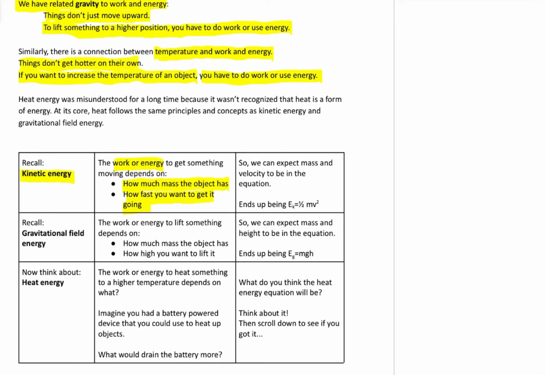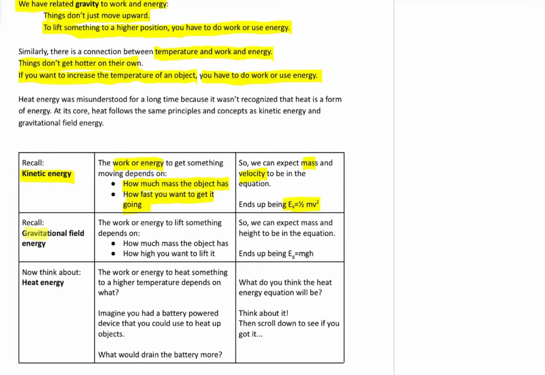So since it depends on mass and the velocity, you can expect mass and velocity to be in the equation. We did the work energy theorem derivation, and we got the 1/2 mv squared equation.